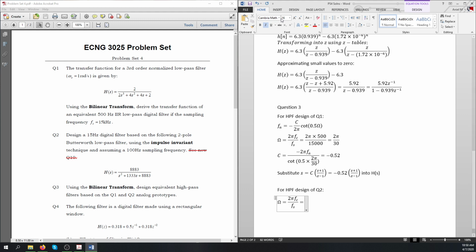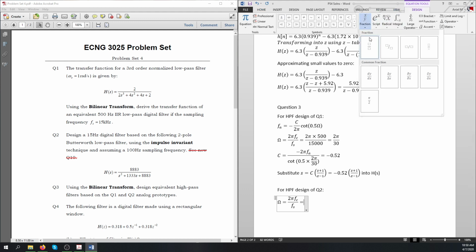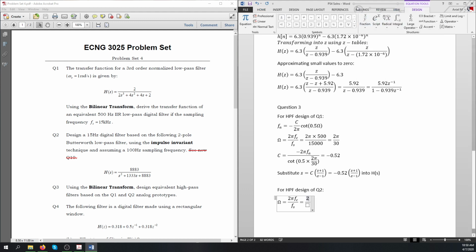So our cutoff frequency in this case was 15 Hz because we're designing for a 15 Hz digital filter. And our sample frequency here was 100.